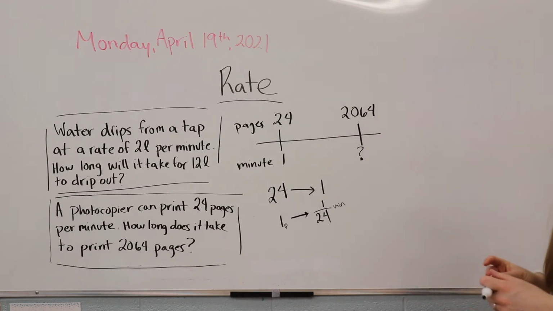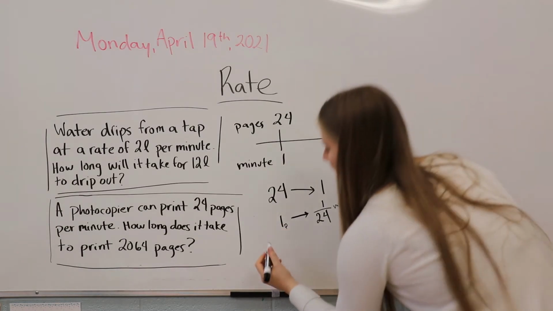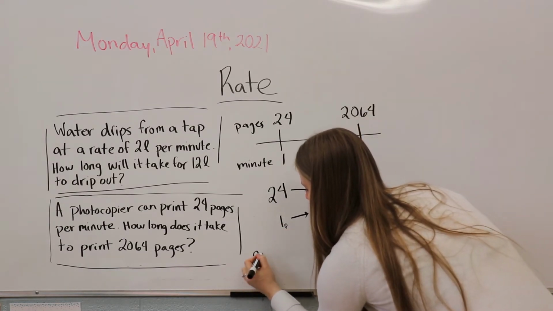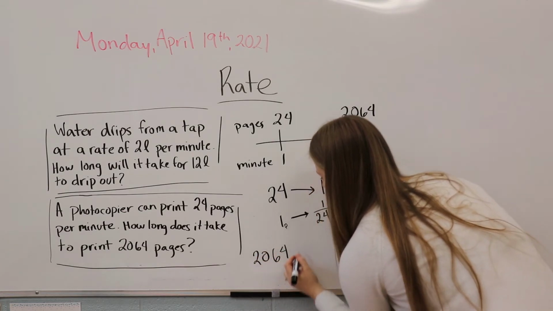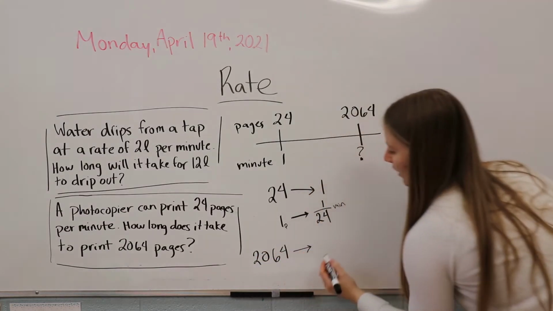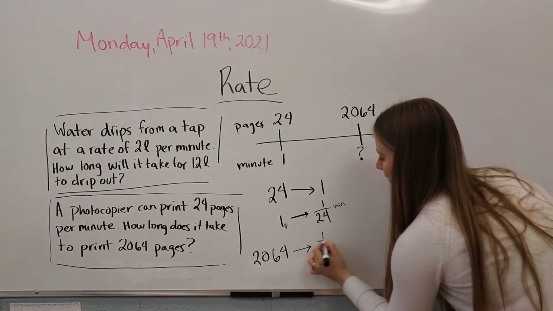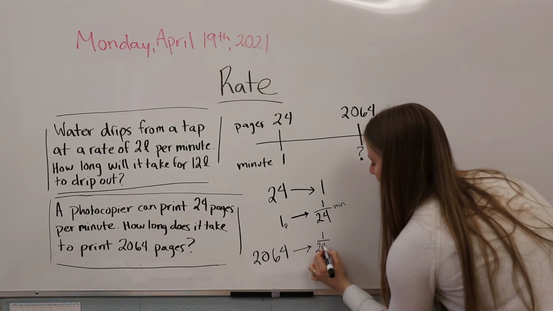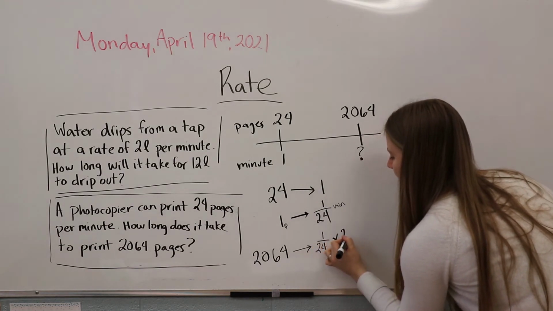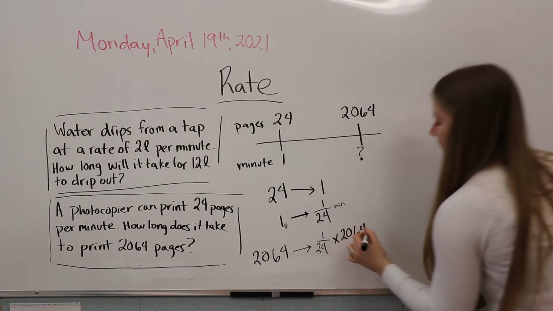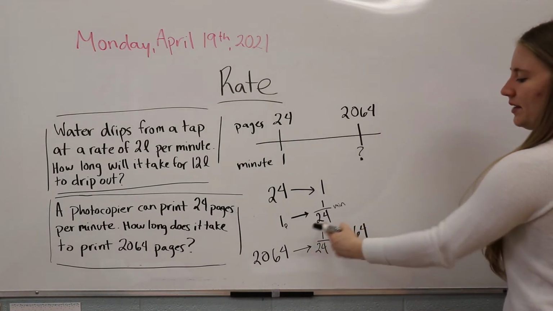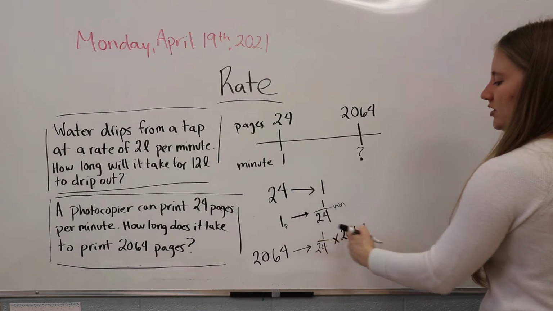So now that we have this information, we can find the value of 2,064 pages, okay? Which we're gonna do by multiplying, right? So we have 1 over 24 times 2,064. And we know that when we're multiplying with our fractions, we're multiplying it with the top.